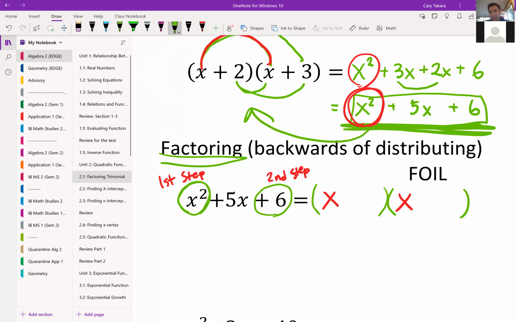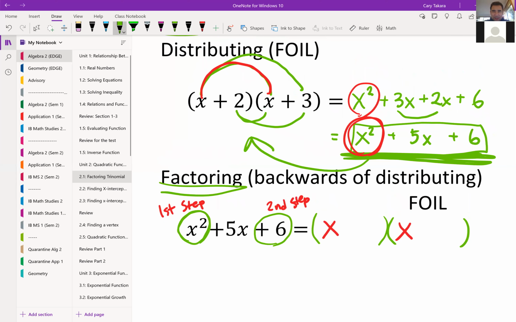Now, how did you get positive 6? You got positive 6 from this 2 times 3, isn't it? Isn't that how you got 6?